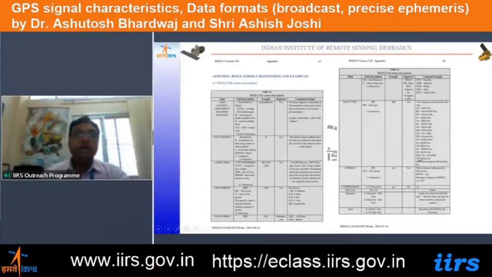All this and much more, a lot of formats, are required to be understood if we go for the advanced processing. And we have a dedicated lecture for advanced processing next week, which you should not miss at all.